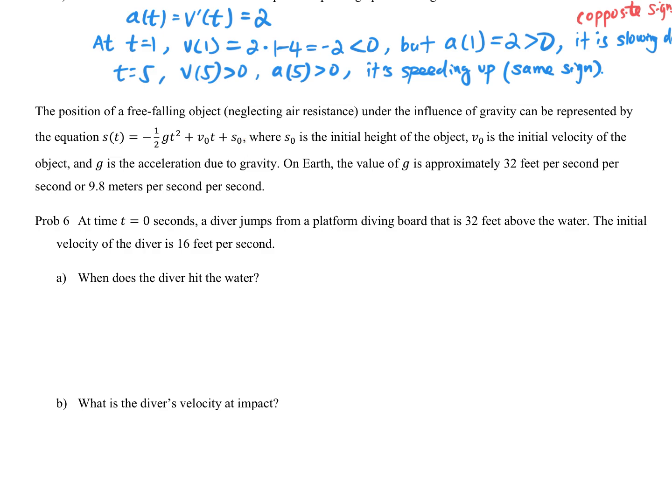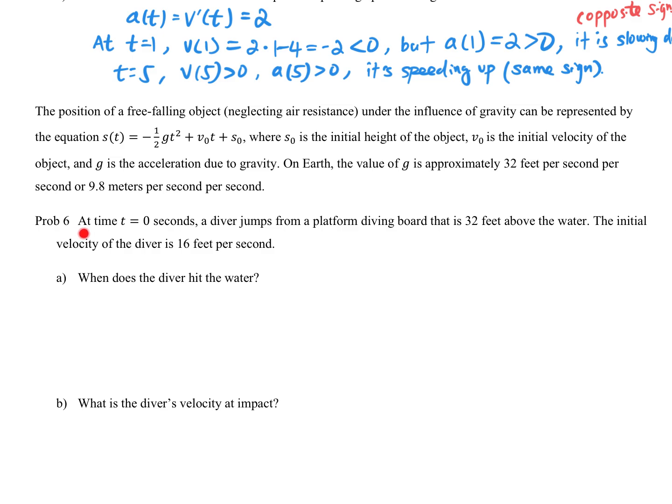You will actually learn how to derive this when you study integral calculus. Here s0 is the initial height of the object, v0 is the initial velocity, and g is the gravitational constant on Earth. It is 32 feet per second squared, or 9.8 meters per second squared if we use meters as the metric.